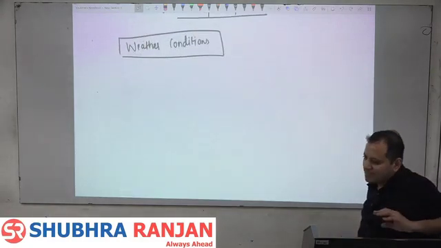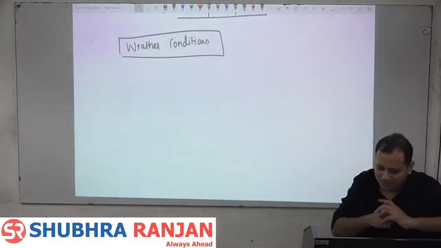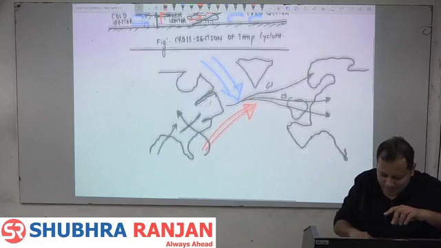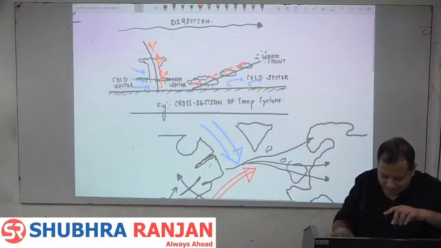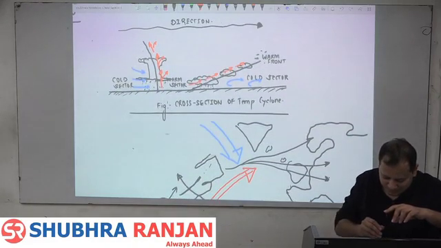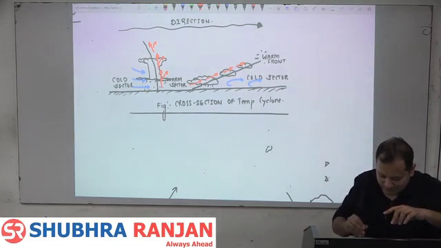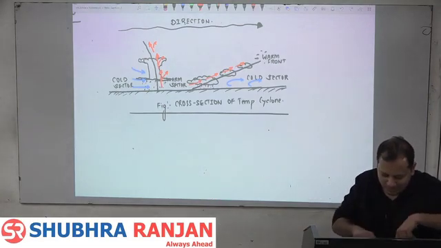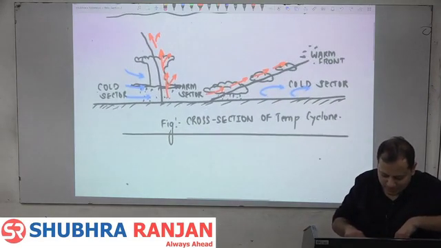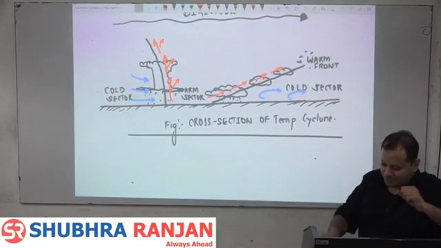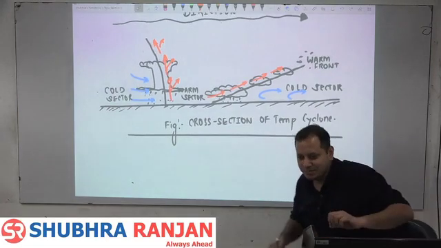Weather conditions of temperate cyclone. So tell me how we are going to write an answer on weather conditions of temperate cyclone. Just understand this diagram, you already know the weather conditions. In which direction is it moving?